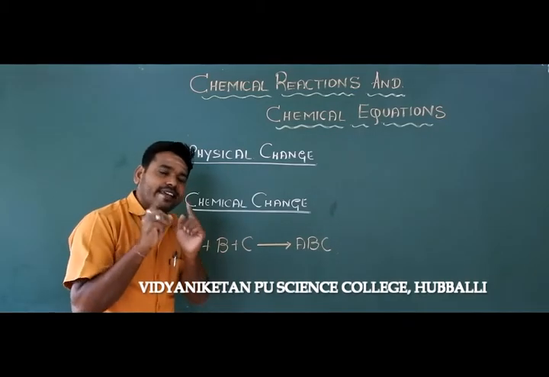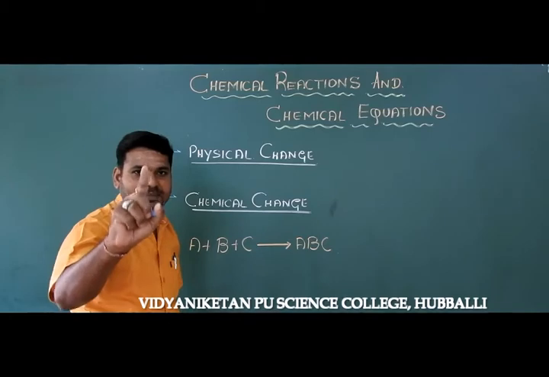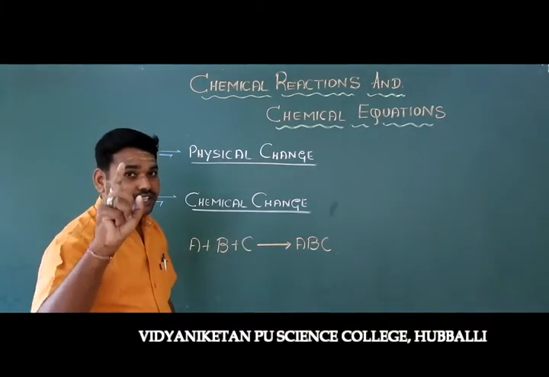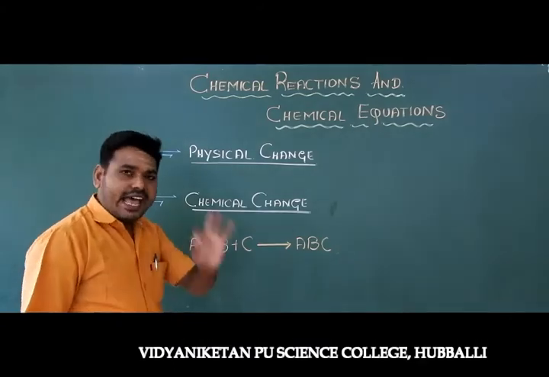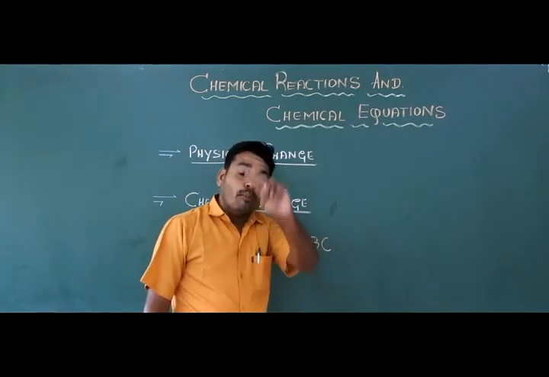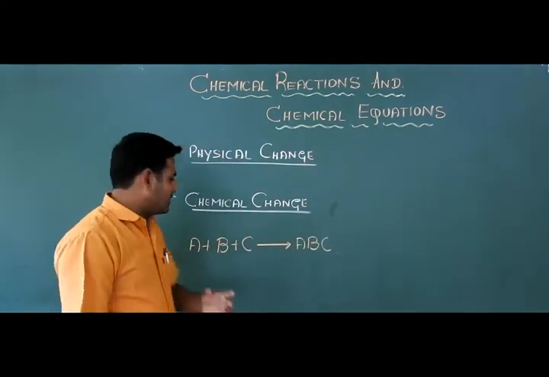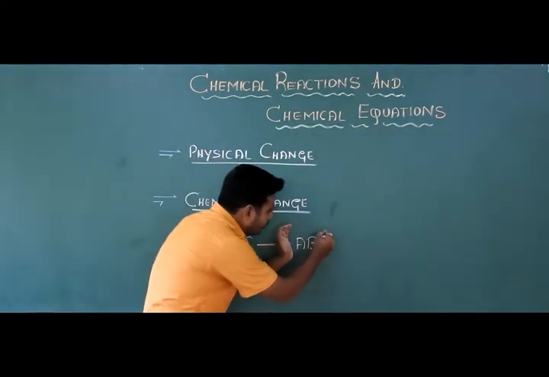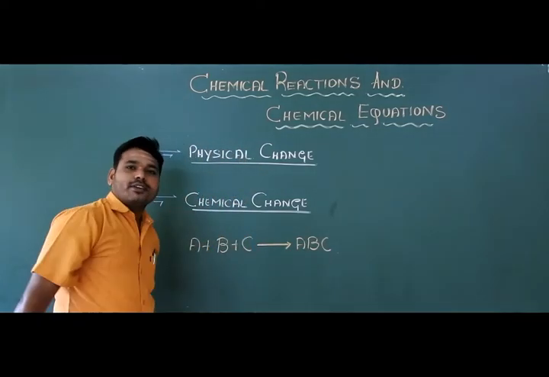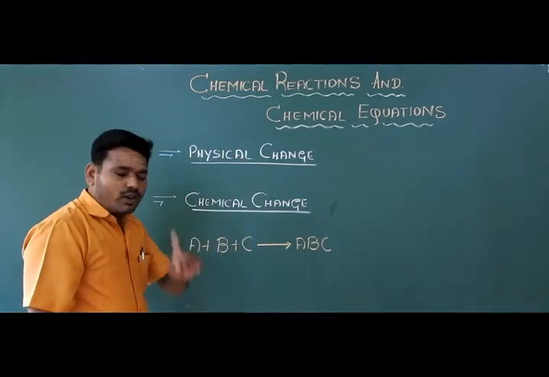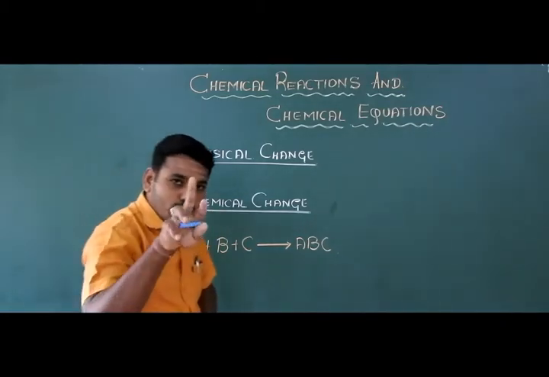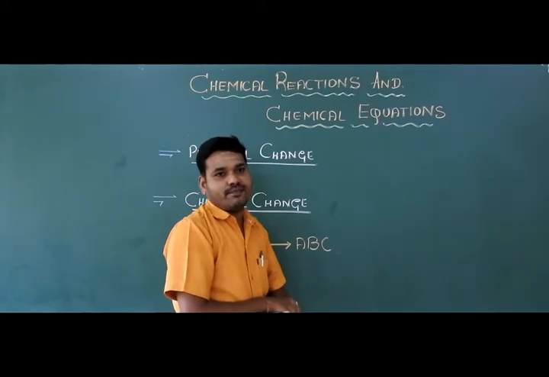So here, in the case of chemical reactions, I will just repeat the definition. Please listen to the general definition for the chemical reaction. A chemical reaction is a process in which two or more than two chemical substances combine to form a new chemical substance. So this itself we call a chemical reaction, students. And in chemical reactions we use two important terminologies.